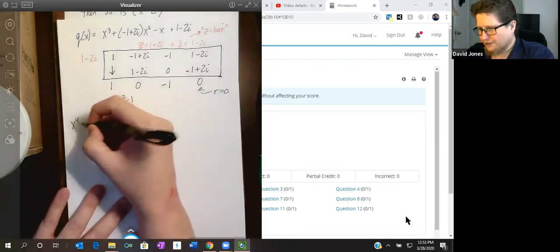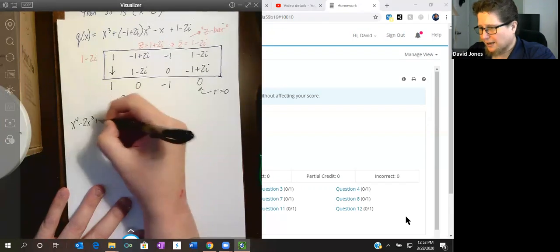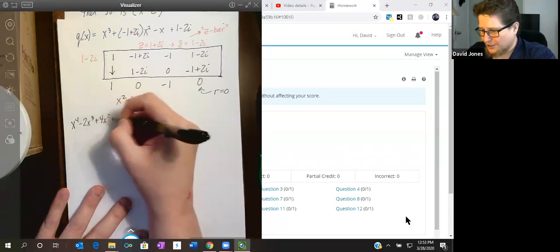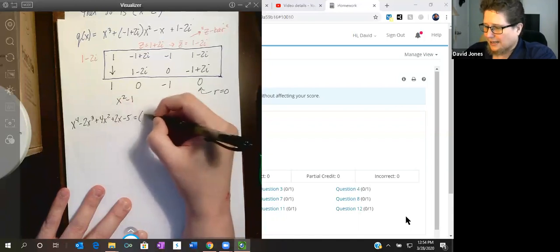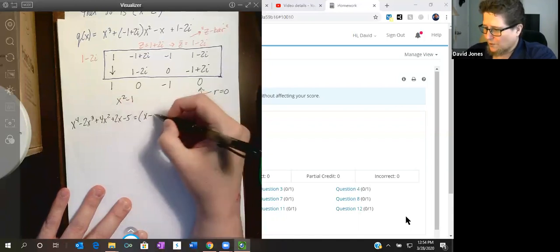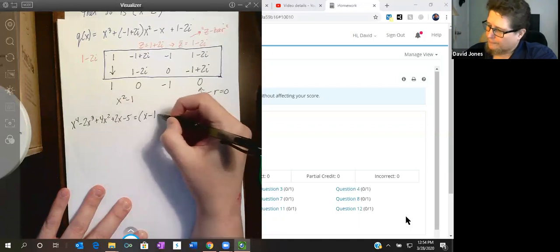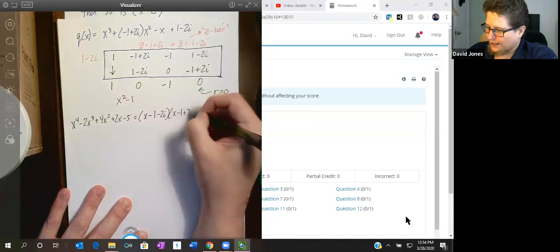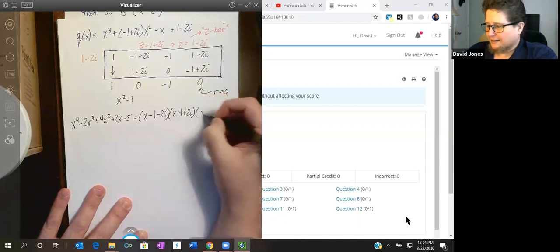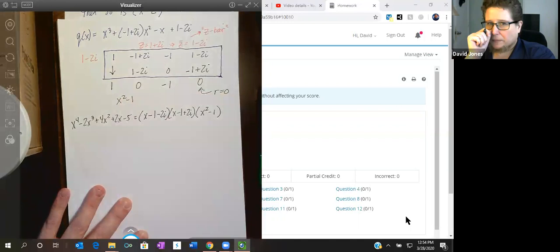So we had x to the 4th minus 2x cubed plus 4x squared plus 2x minus 5 equals x minus 1 minus 2i, x minus 1 plus 2i, x squared minus 1.